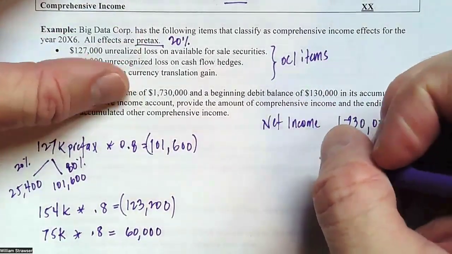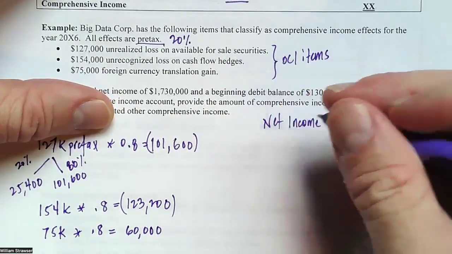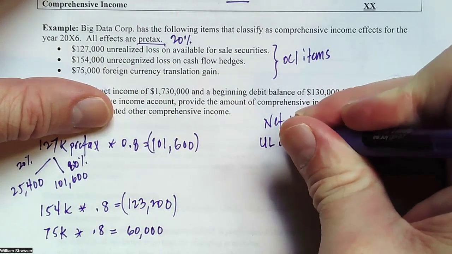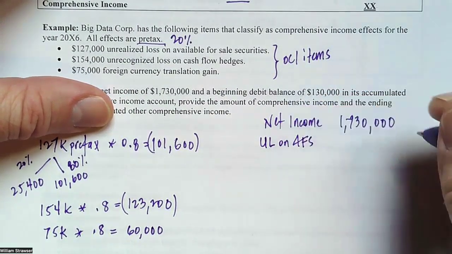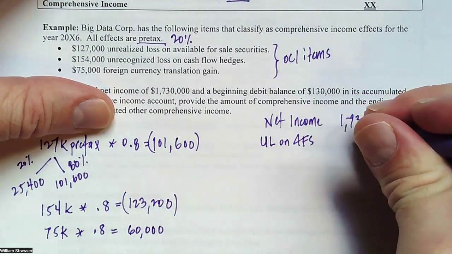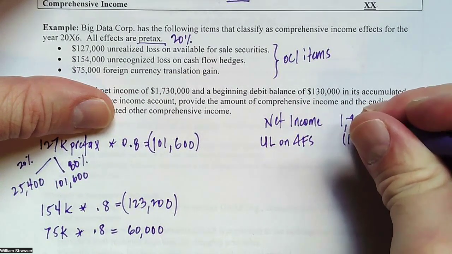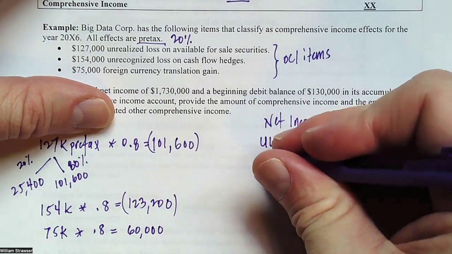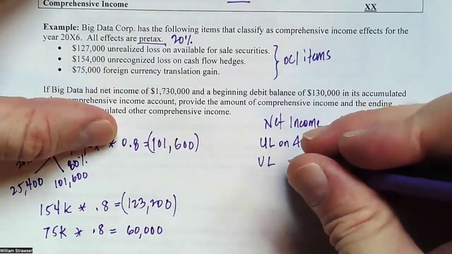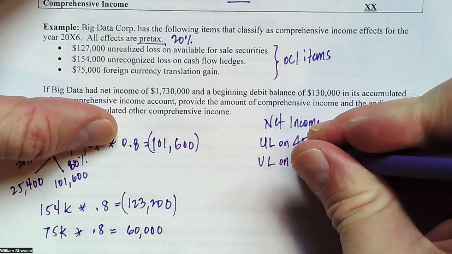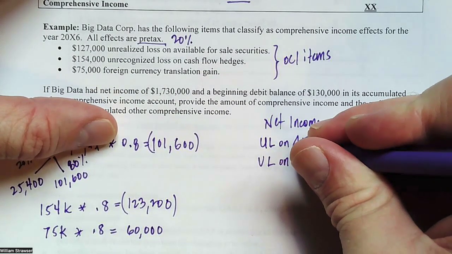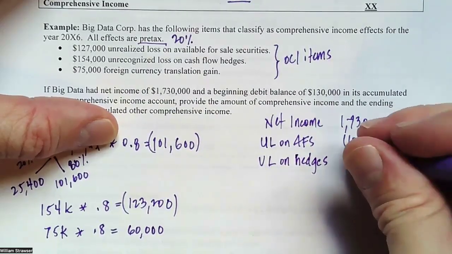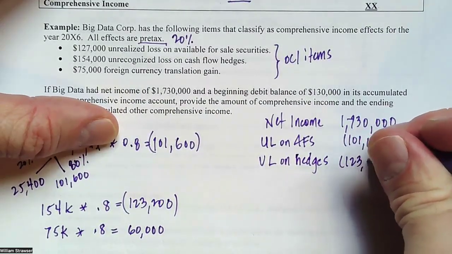So we would have this unrealized loss on AFS for 101.6. And then we have another unrealized loss on cash flow hedges, I'm being real shorthanded here, 123,200.